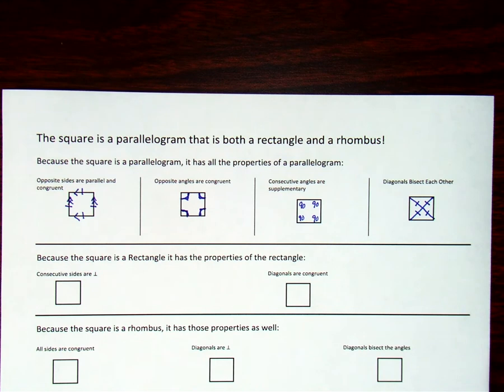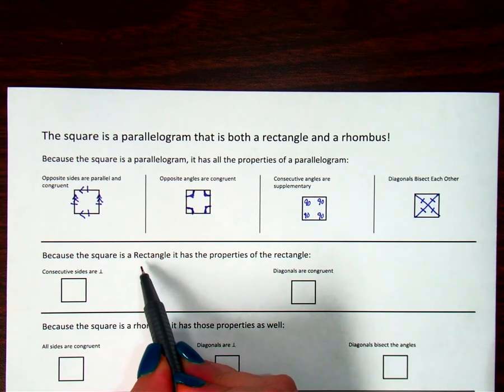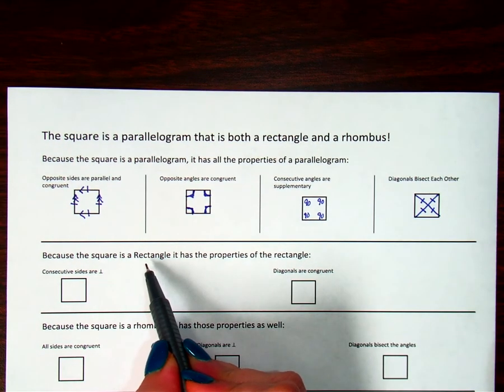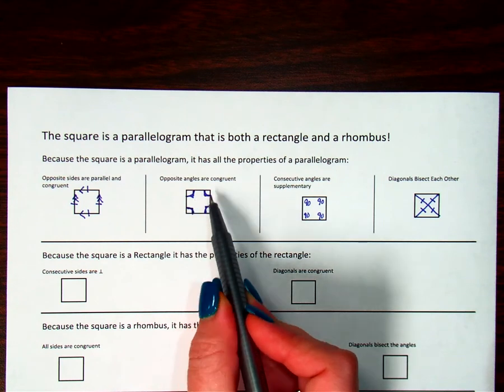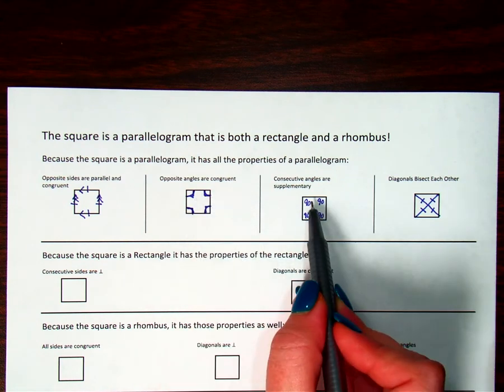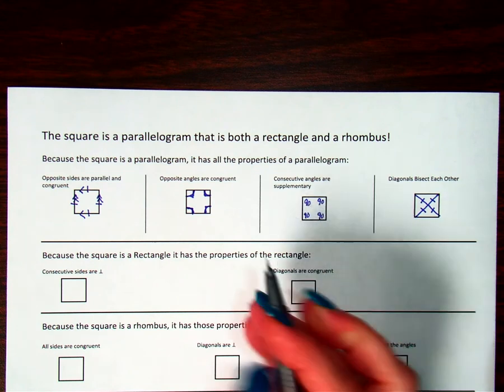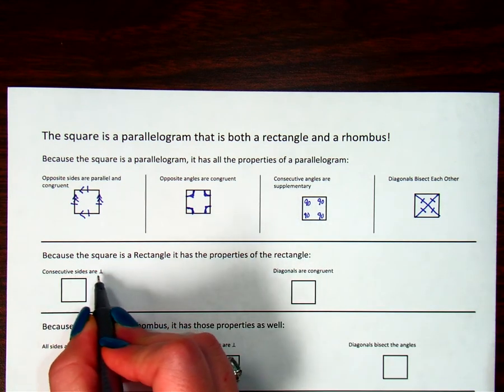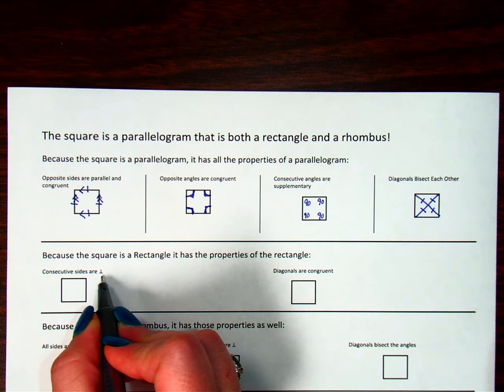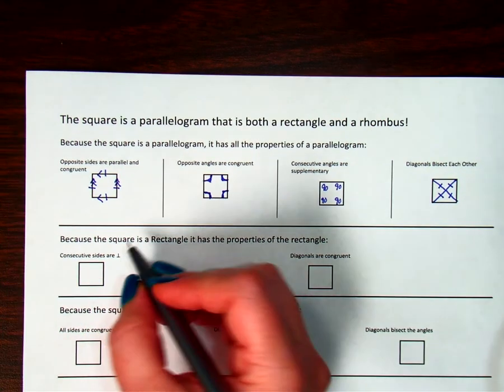So I know we've already talked a little bit about the properties that are unique because of it being a rectangle. So since it's also a rectangle, that's how I knew that these opposite angles were congruent and these consecutive angles were supplementary. Since my consecutive sides are perpendicular, remember that upside down T that's real little there?